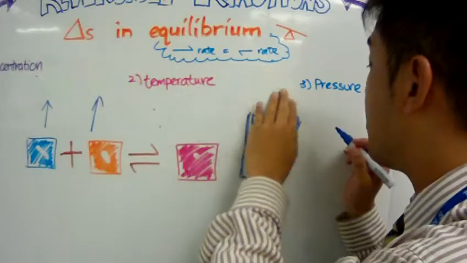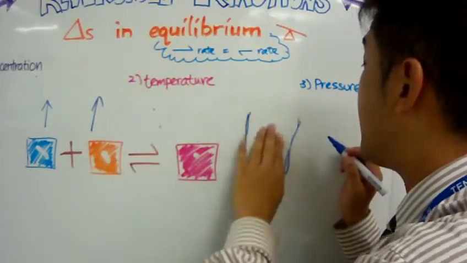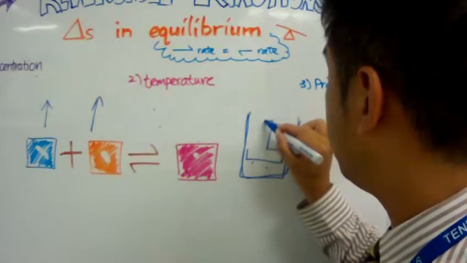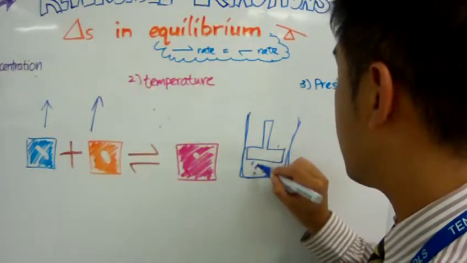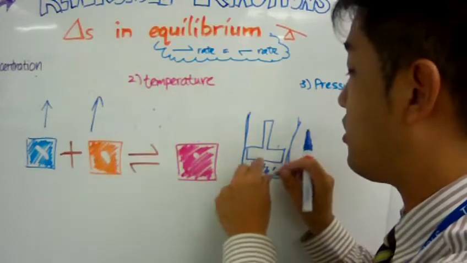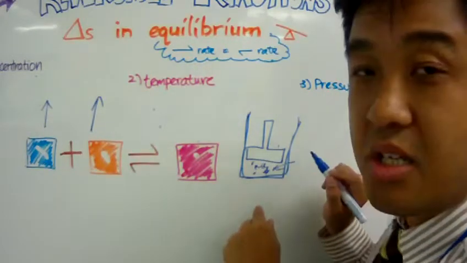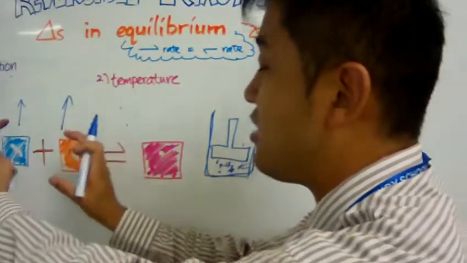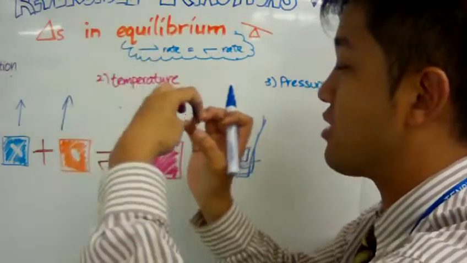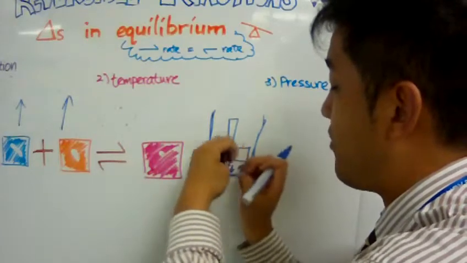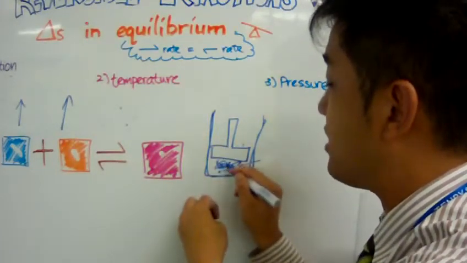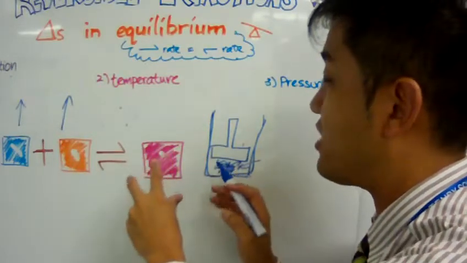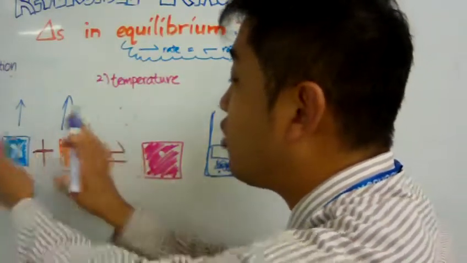But if you increase the pressure by lowering the piston, right, you're going to push and add stress into the system because now there's less volume. And what is going to happen is that the molecules have no space to go and they're going to start colliding more rapidly in this small amount of space, and it's going to make more of these disks because one of this occupies less space than two of this.